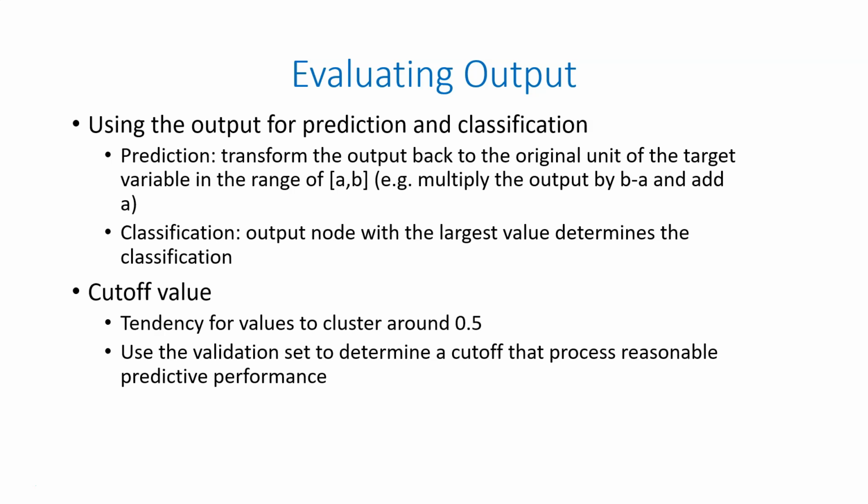If you did that, then the outcome value of the neural nets will be a value that's also between 0 and 1.